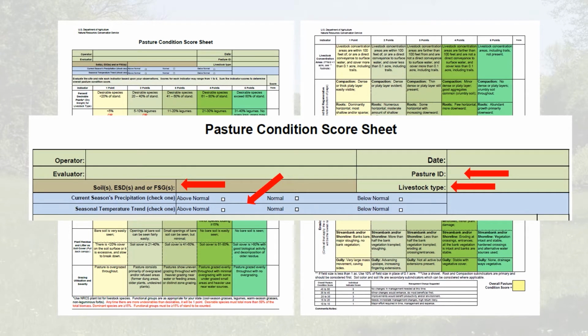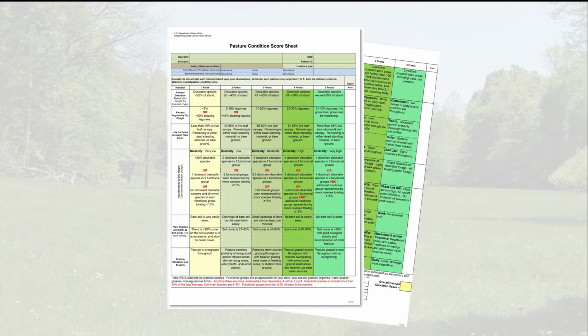Finally, weather can have an impact on plant growth, so it's important to include the current season's precipitation level and temperature trends.